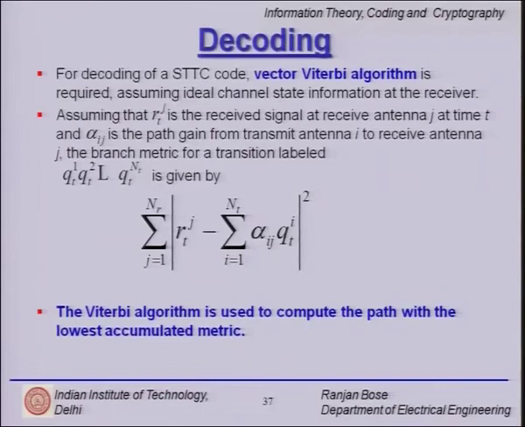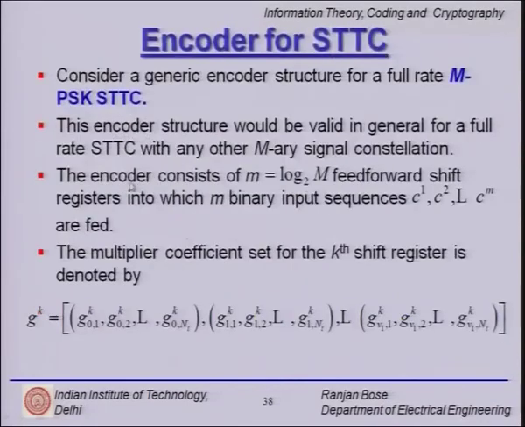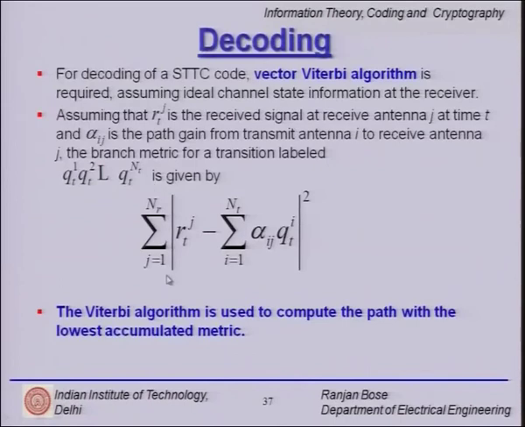So, for decoding we would use vector Viterbi decoding, and we can assume that channel state information is present at the receiver, and let us see how we define it. So, assuming that Rj is the received signal at receive antenna j at time t, and alpha ij is the path gain from transmit antenna i to receive antenna j, the branch metric of the transmission is labeled as follows. So, this is q1t, q2t up to qNt.